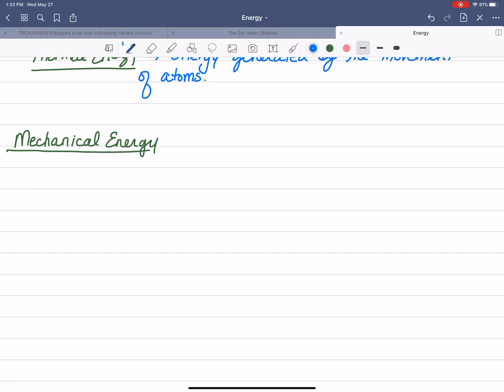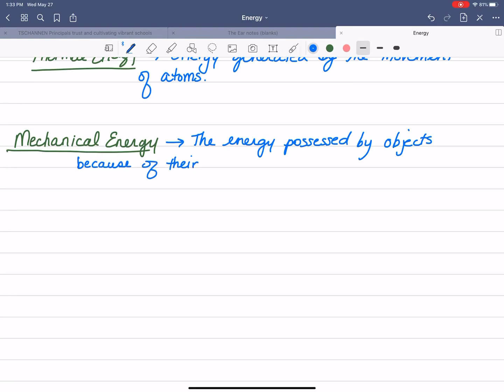So mechanical energy is the energy possessed by objects either because of their motion. So it can be kinetic energy. I'm sure you've heard of kinetic energy before. That's another kind of energy we should be paying attention to.